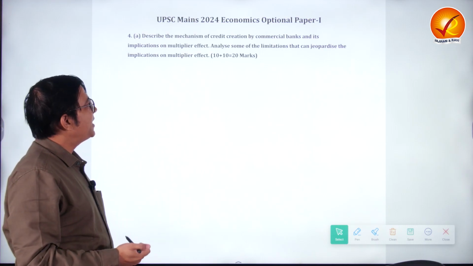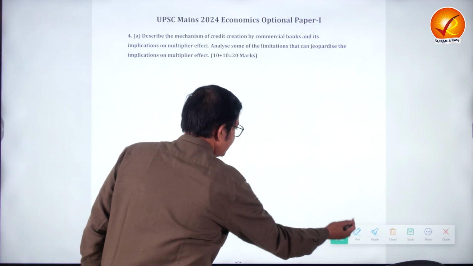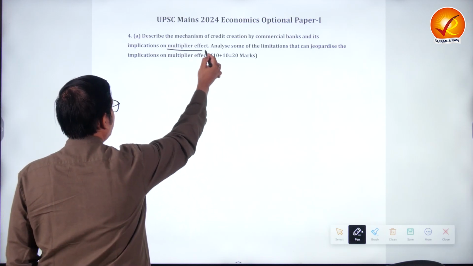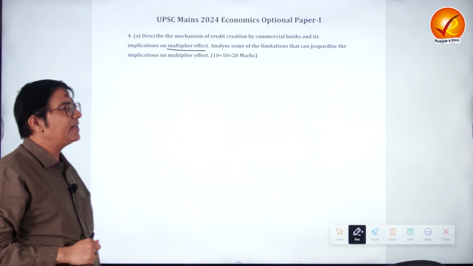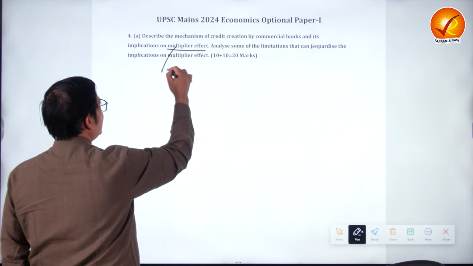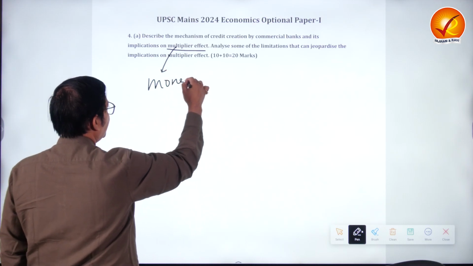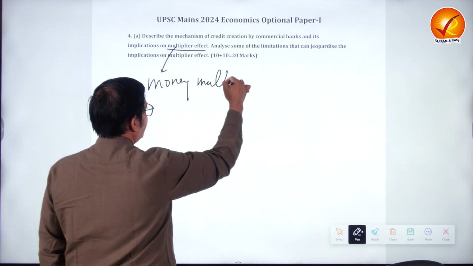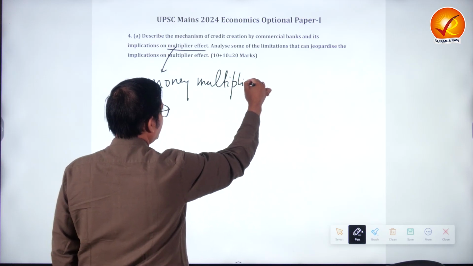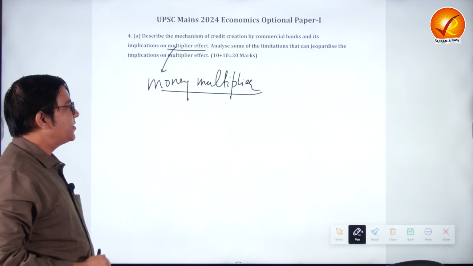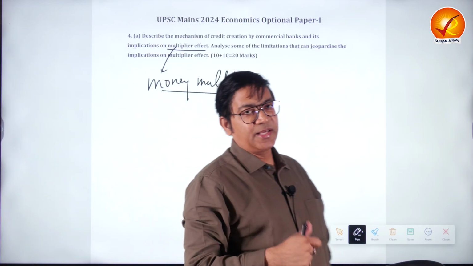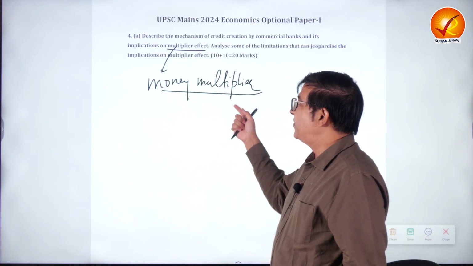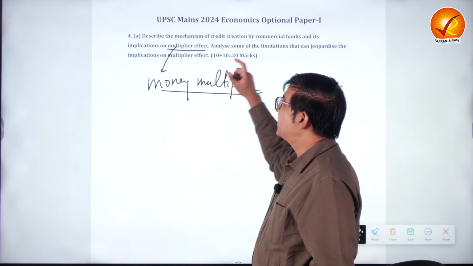Actually, money multiplier is known to more or less everyone, even those who do money banking as a part of GS, and clearly, by multiplier effect, they are referring to the money multiplier, where we talk about how some H amount of high powered money through the central bank will impact the money supply.